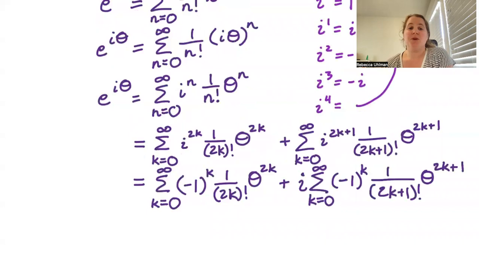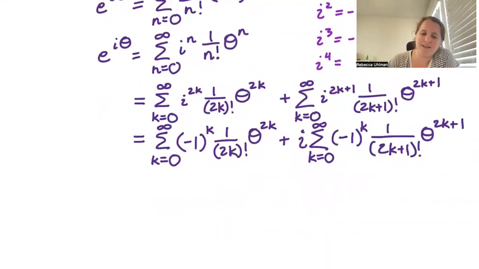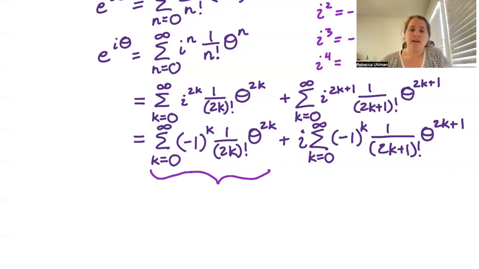Now, you may or may not remember your series from Calc 2. But this first piece here is actually the Maclaurin series for cosine of theta, and this second piece here is actually the series for sine of theta.